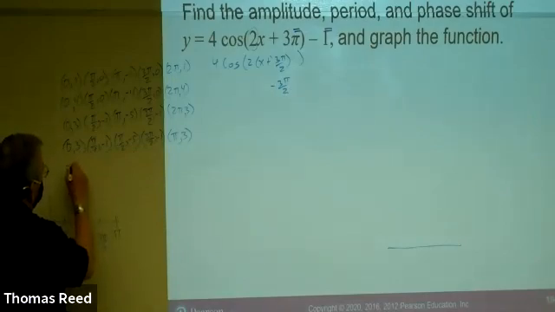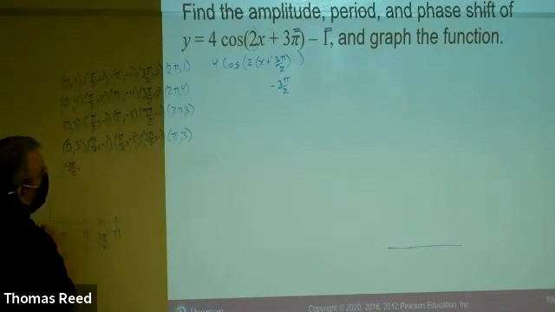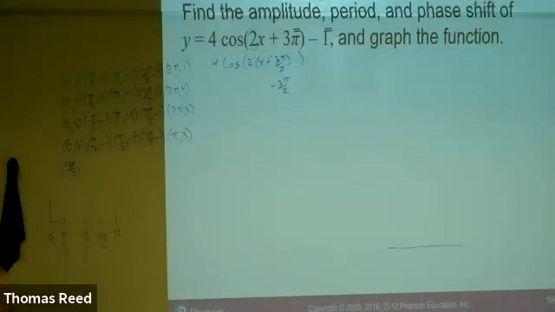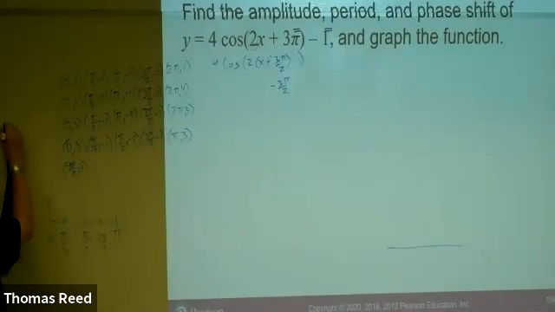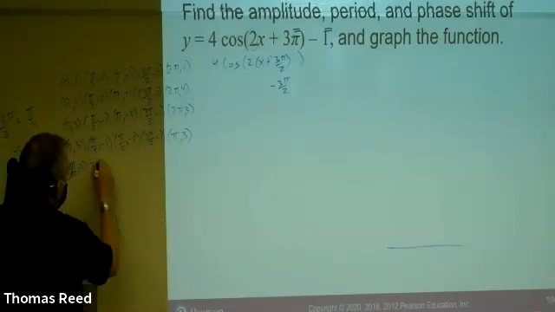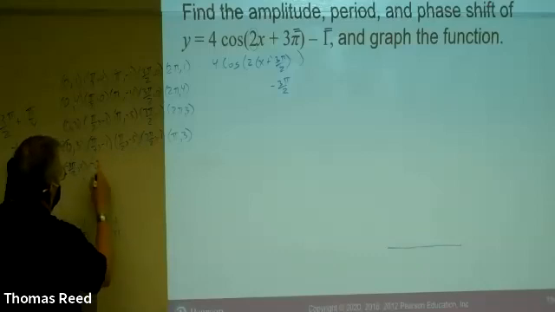So this is going to be a negative 3 pi over 2. And so we have a negative 3 pi over 2 plus pi over 4. So that's going to be a negative 6 pi over 4 plus pi over 4, which is a negative 5 pi over 4, negative 1.